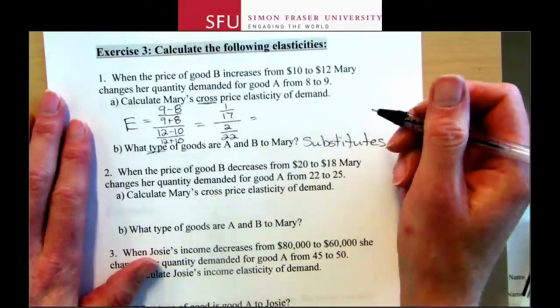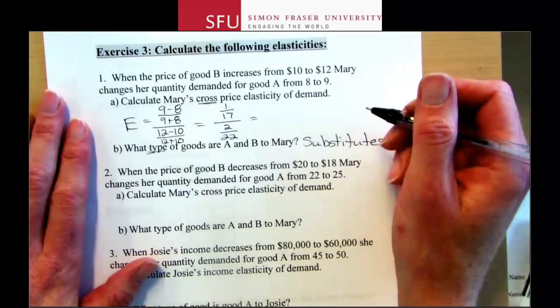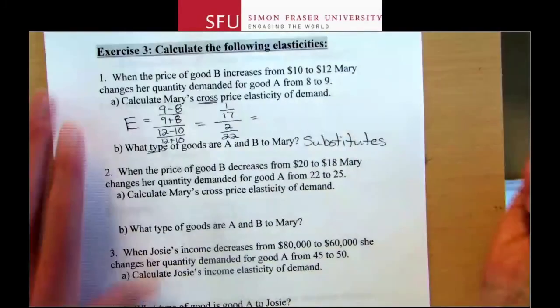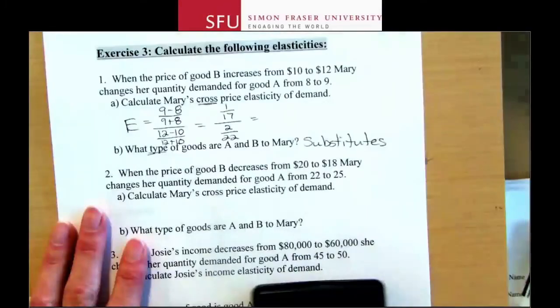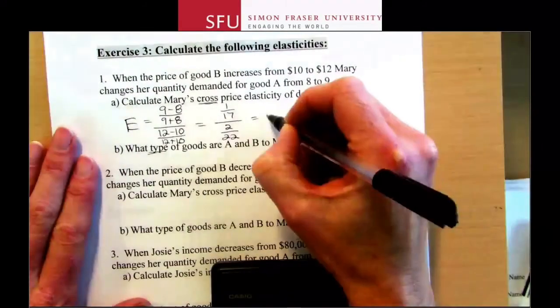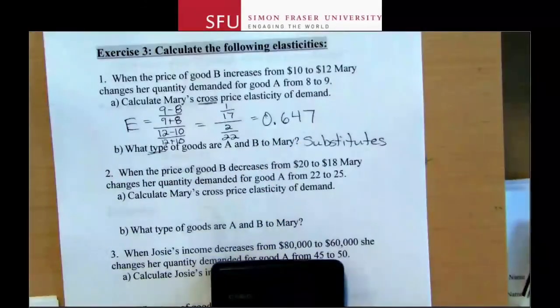Okay, so this is a positive result. And now, I think I mentioned this last class, when we're doing elasticity calculations, the numbers are small. So you want to keep a few extra numbers after the decimal, probably. So I'll leave 3 numbers, say 6, 4, 7.